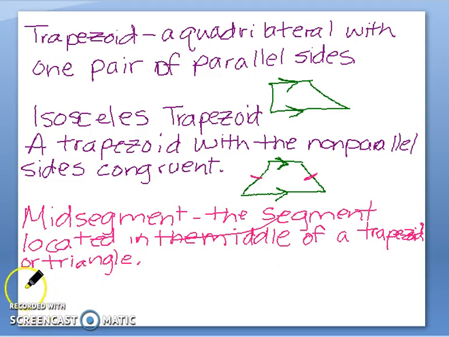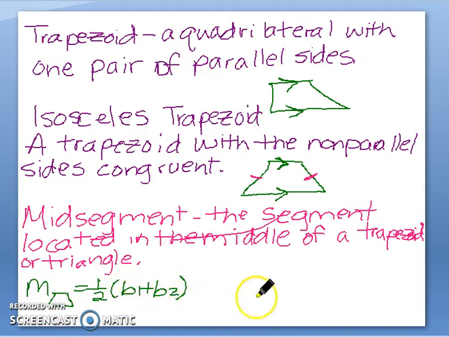So the formula for a trapezoid mid-segment is equal to 1/2 times base 1 plus base 2. And if I have my trapezoid here, my mid-segment would go right through the middle of it, making this piece equal to this piece because it has to be in the middle, and this piece equal to the other piece.